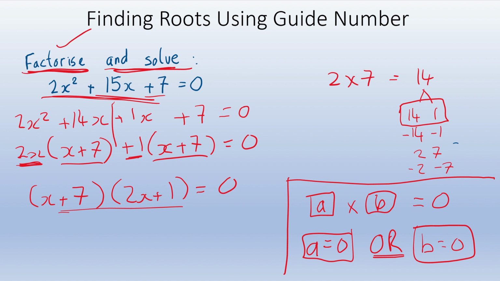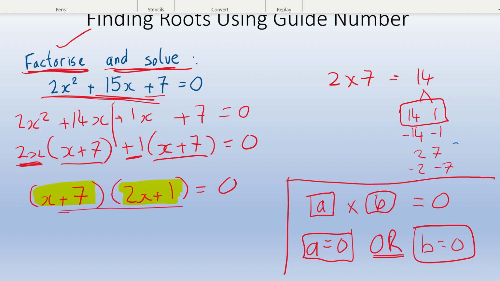Over on my left hand side here, and I'll just get my highlighter. Over here, we've got the same scenario, except a few more terms even, I suppose. We've got x plus 7 multiplied by 2x plus 1 is equal to 0.